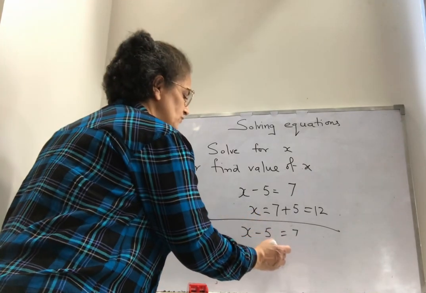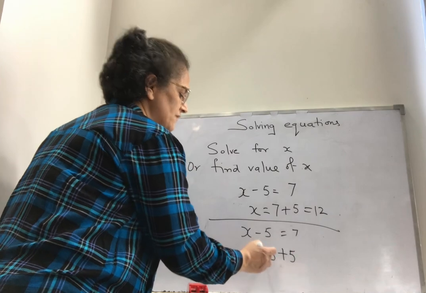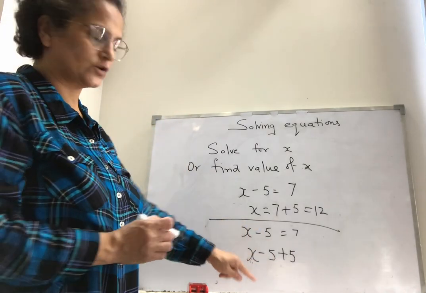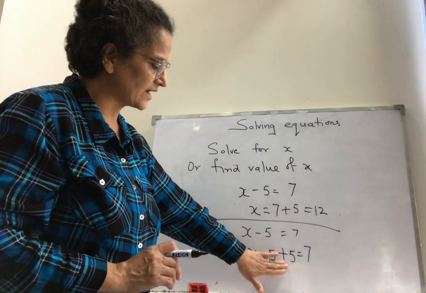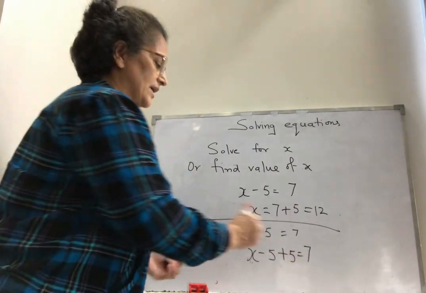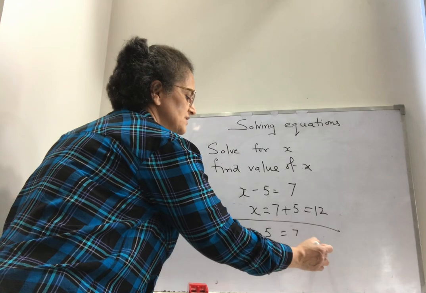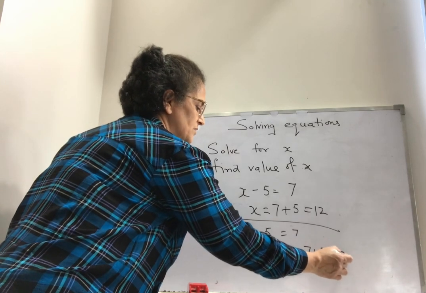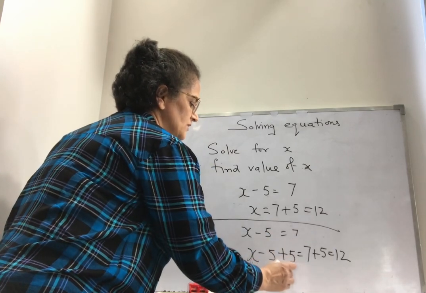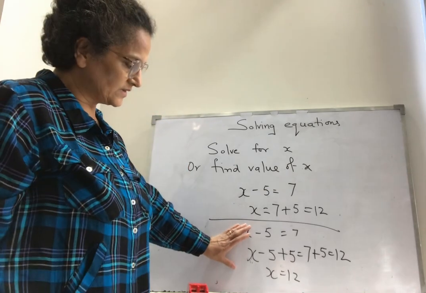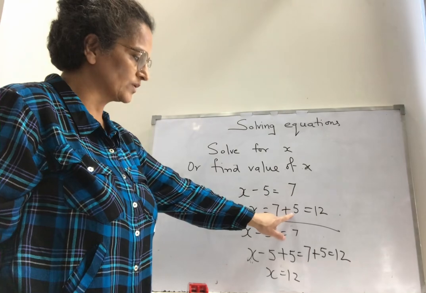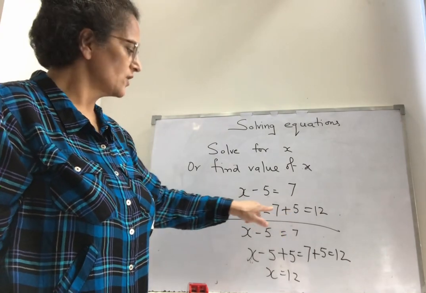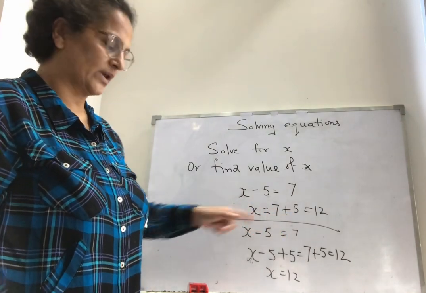By adding 5 to it. Because plus 5 and minus 5 gives me 0. So whatever I am doing on left hand side needs to be done on right hand side also. So this is 7 plus 5 and it becomes 12. So x is equal to 12. So this is the reasoning why we say minus 5 goes there, becomes plus 5 on other side of equality.